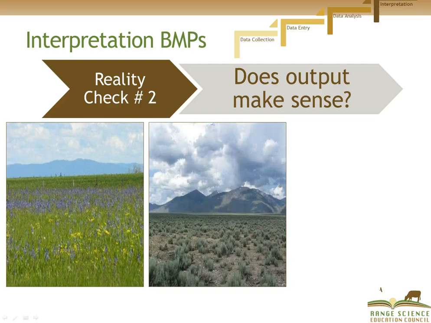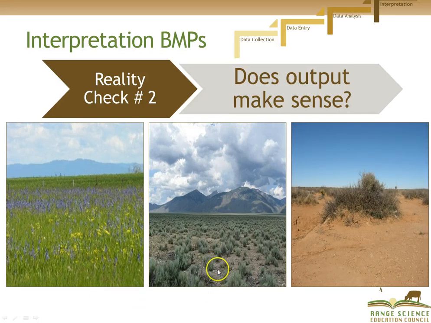If the results of our data analysis indicate that we have perhaps this amount of bare ground showing, or even this amount, yet we were expecting something on the order of what we see in this image here, that would raise a red flag that something is wrong somewhere, because the output simply doesn't make sense.